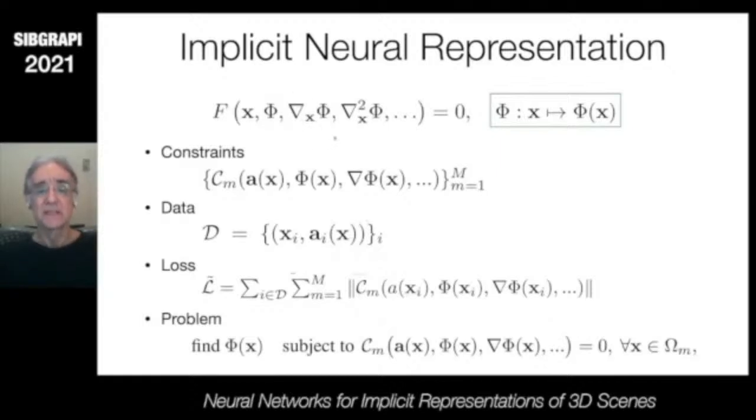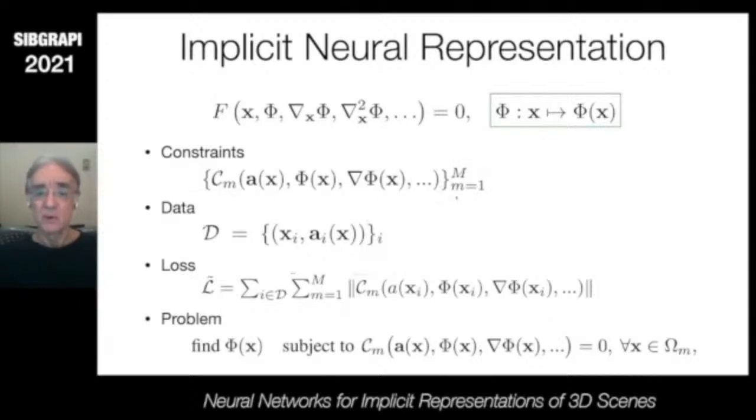So the gradient and the other higher order derivatives. And it is going to be given by some samples at some points with the values. But we also are going to encode properties of the function as different constraints.